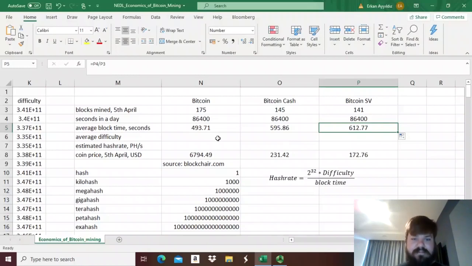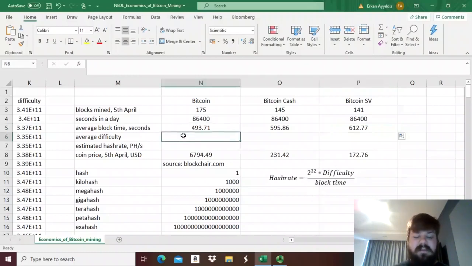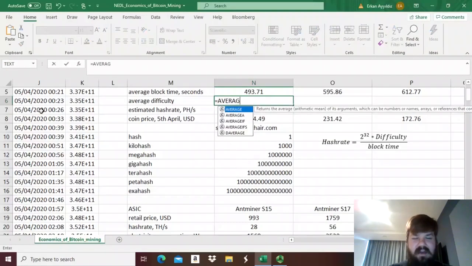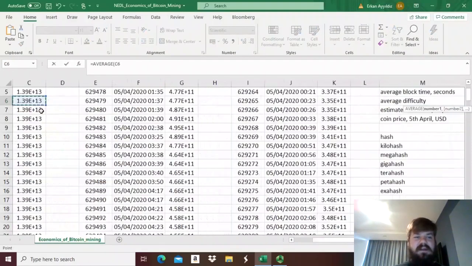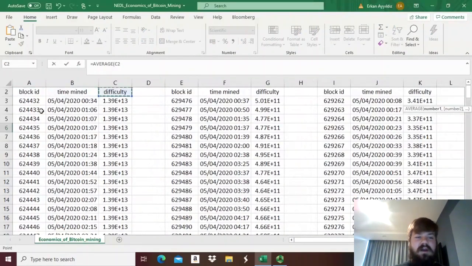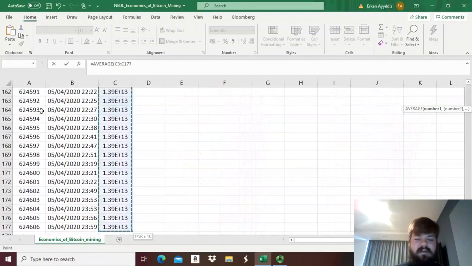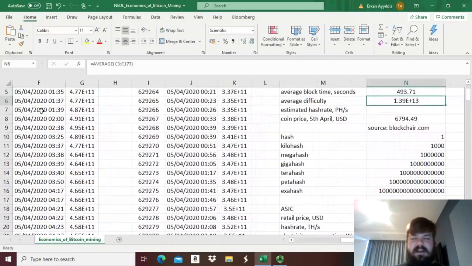Now, to apply this formula eventually, we need to figure out the average difficulty during the time period we investigate. We need to just average over the difficulties that were in place during our time period, so 5th of May. So for Bitcoin, obviously, that would remain the same as the difficulty does not adjust every single block.